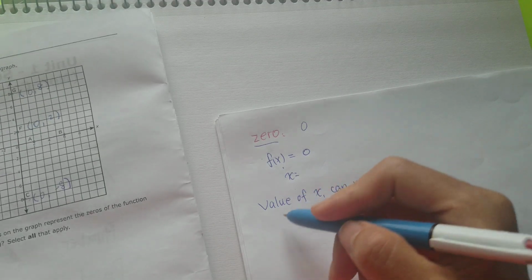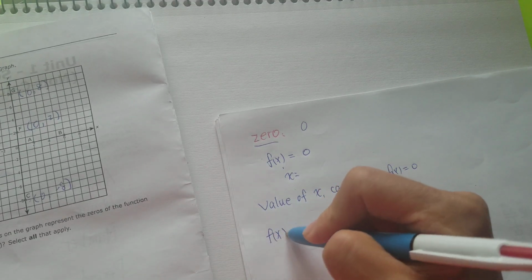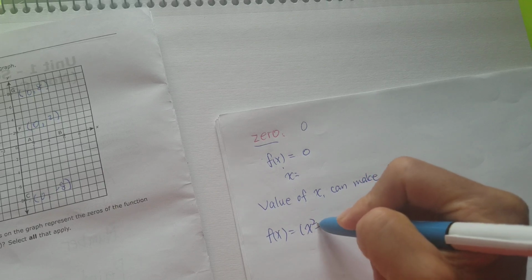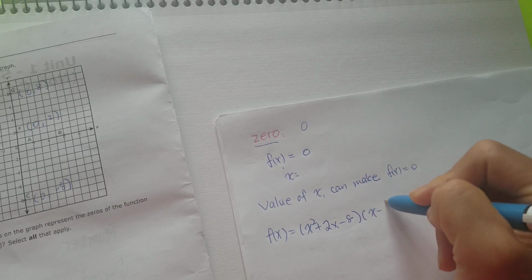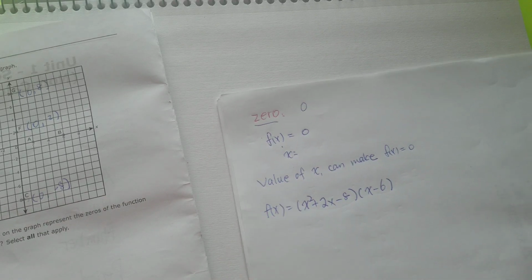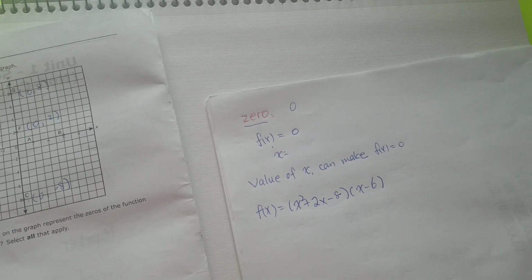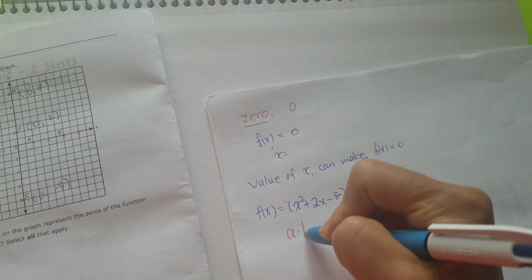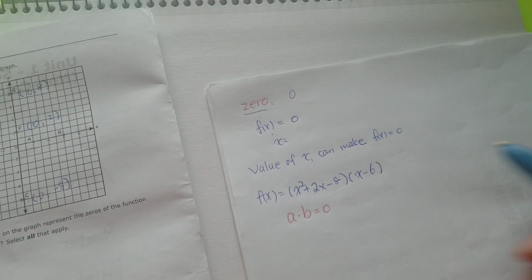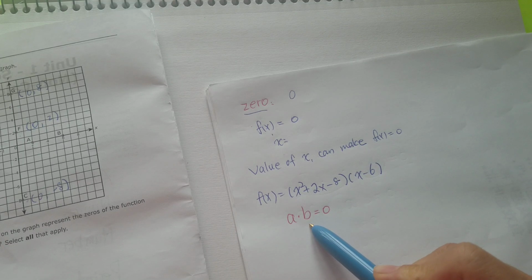Now the function is given as f of x equals x squared plus 2x minus 8 times x minus 6. In order to solve it, we need to recall the zero product rule. A and B represent two numbers.